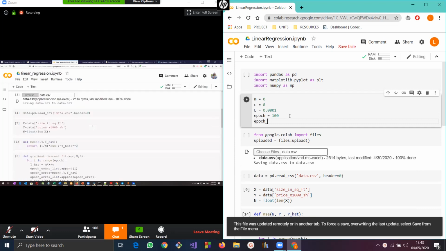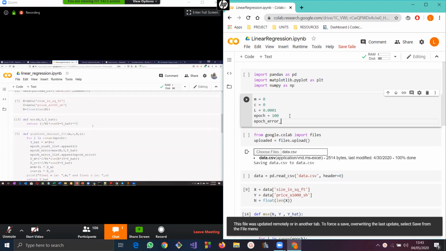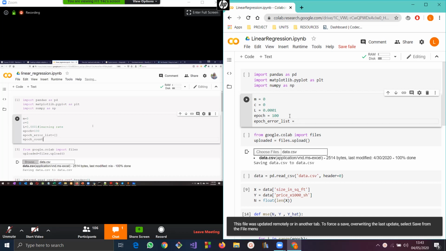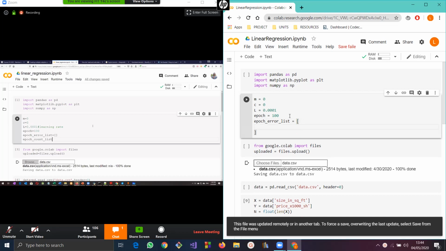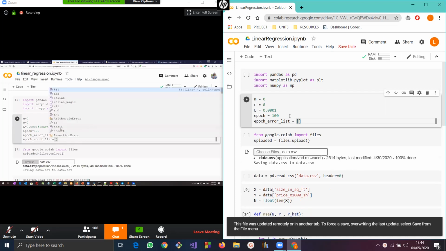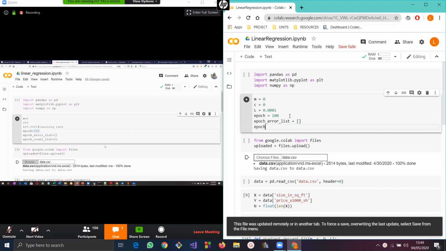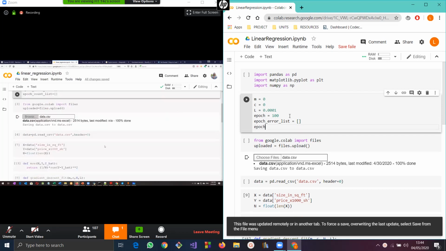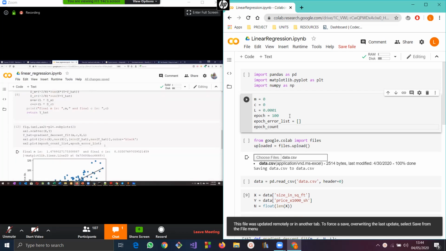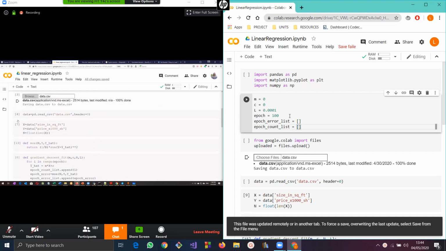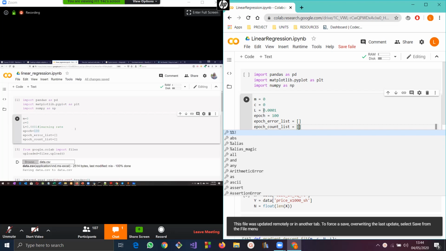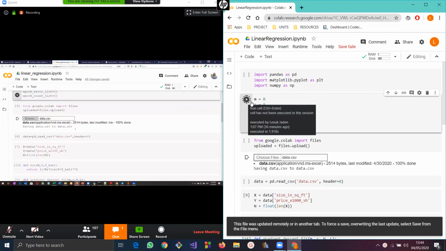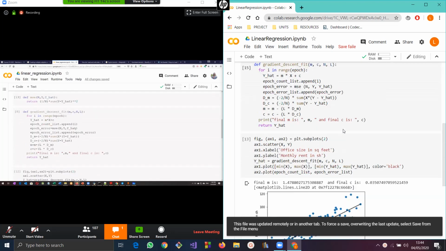Iteration count, epoch count list. It's also going to be an empty list like that. Fine, so now the next thing you need to do is to plot everything. No, I didn't run this one, so I need to run that one. Good, the rest are okay.